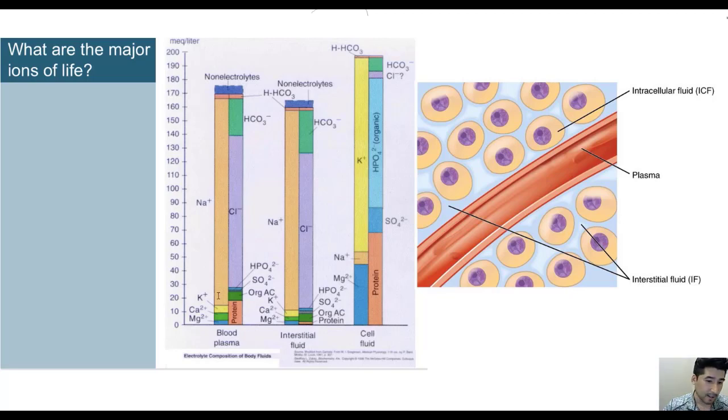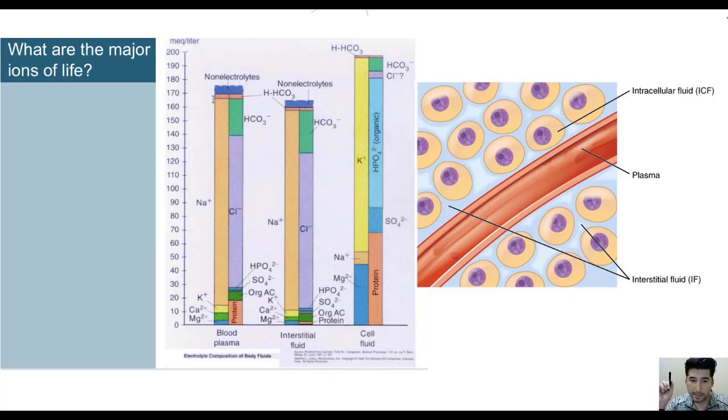And if you look, the amount of sodium in your blood plasma ranges from about 15 milliequivalents per liter all the way up to 165 milliequivalents per liter.